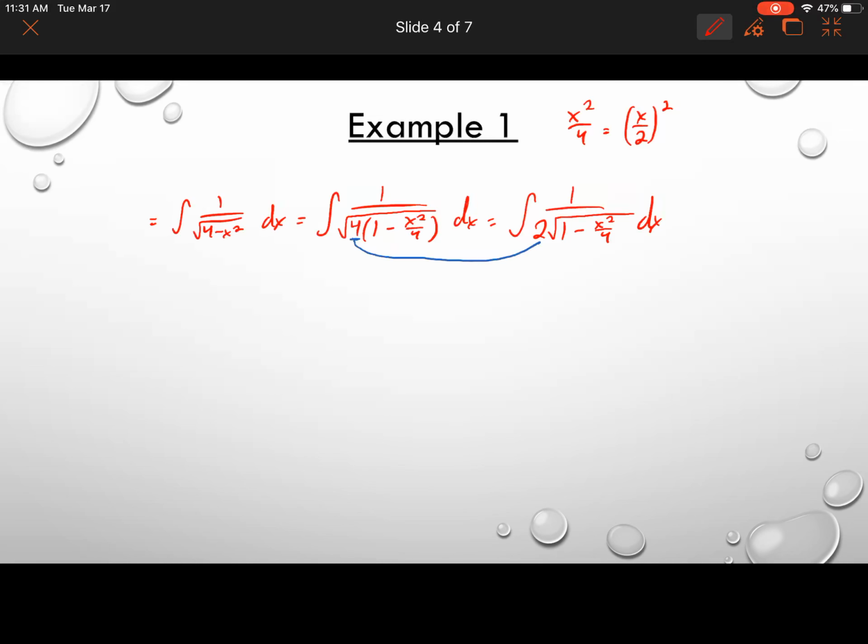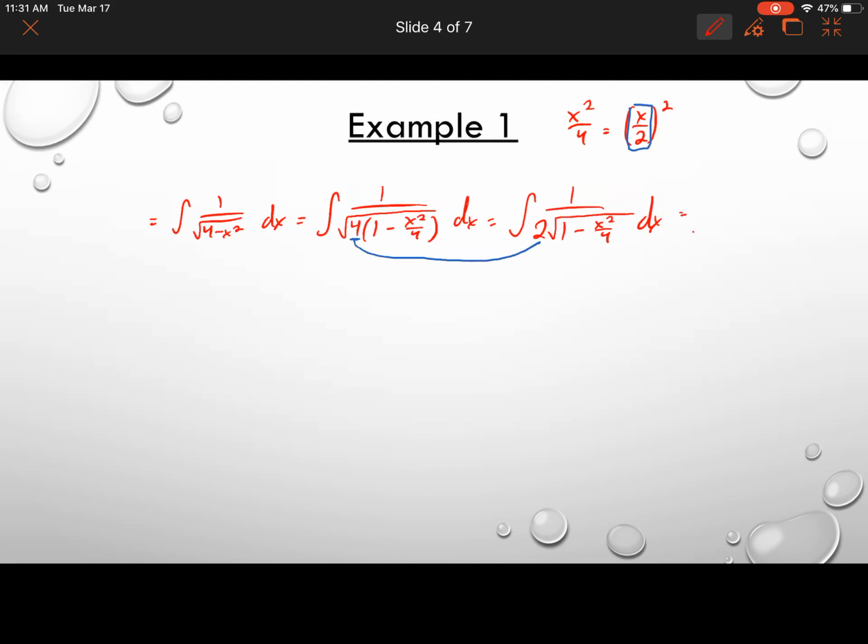So x squared is x squared, and 2 squared is 4. So we're going in reverse. We're basically rewriting x squared over 4 into just some kind of quantity squared. This is our quantity that we want to square.